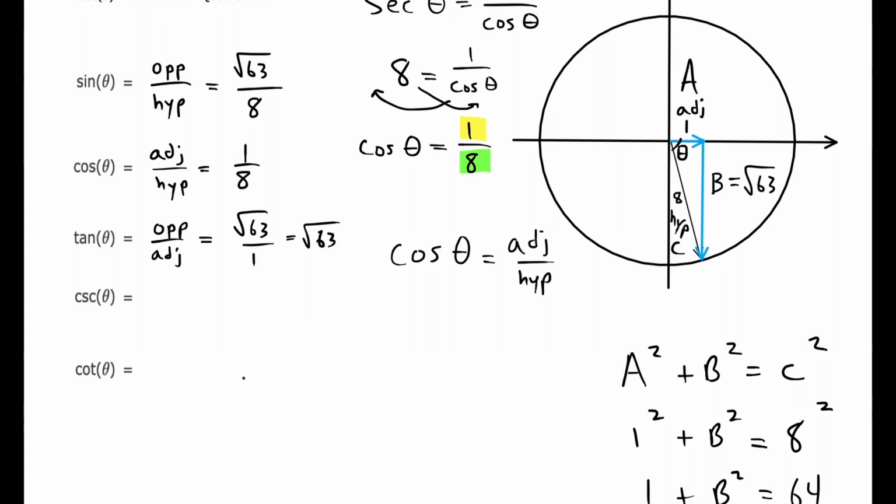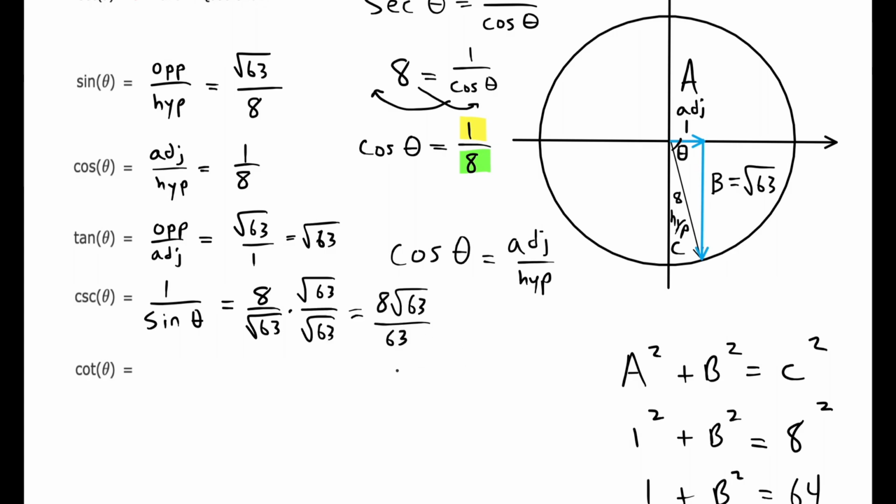For cosecant, it's going to be 1 over the sine of theta. We already know what sine theta is here, so we could just flip the fraction. If they want it in simplest form, we'd have to rationalize that denominator.